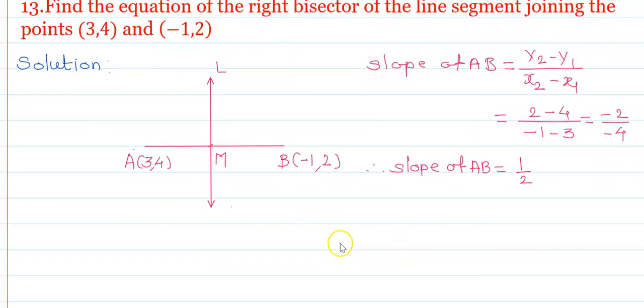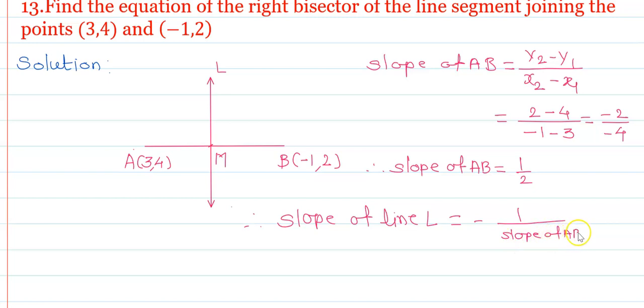Again, therefore slope of line L is equal to minus 1 upon slope of AB.